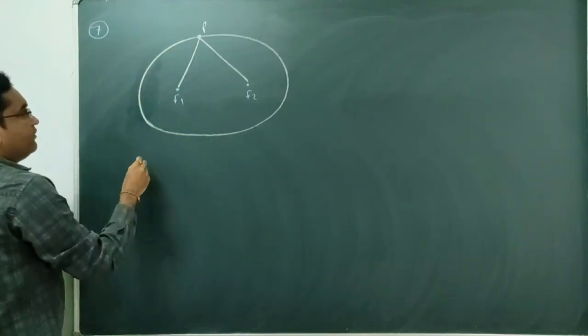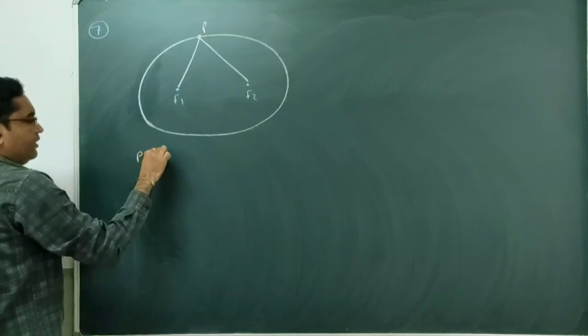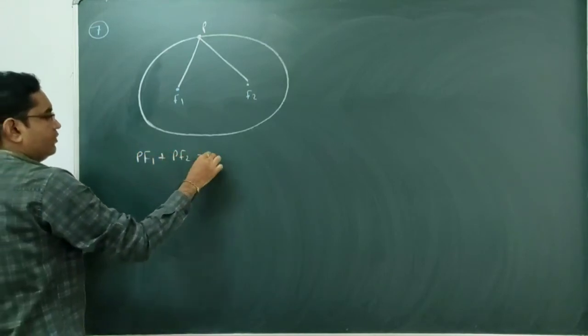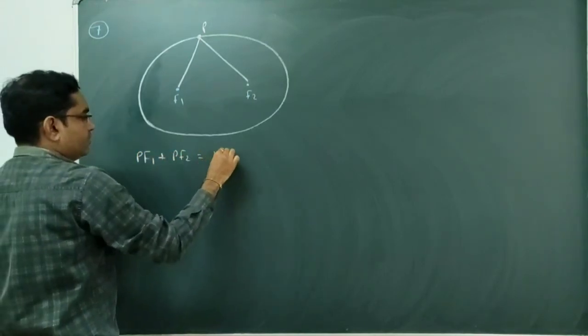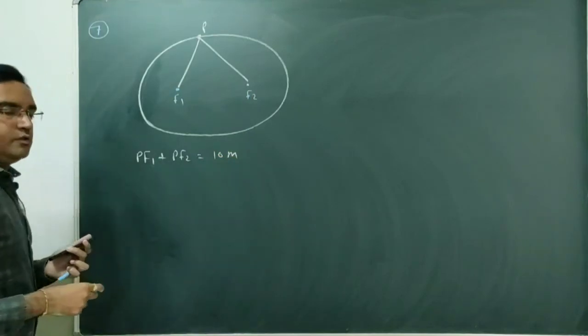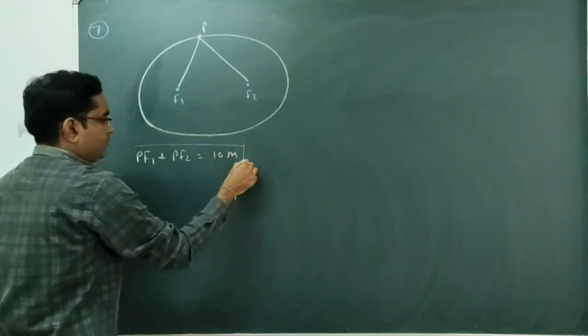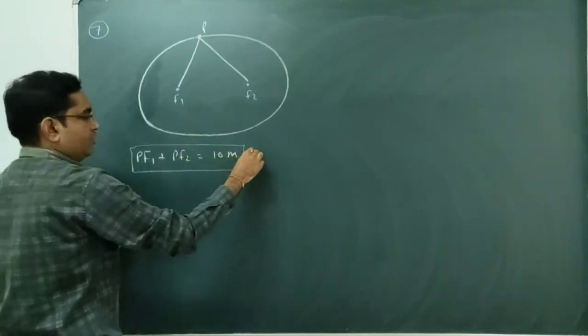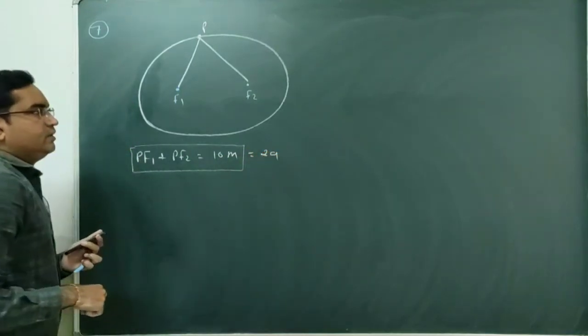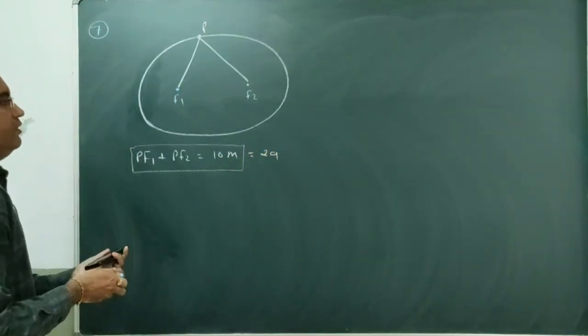Here we are given that PF1 plus PF2, that is always constant, is equal to 10 meter. We studied in the theorem that this constant distance is always equal to twice of a. It's the length of the major axis.